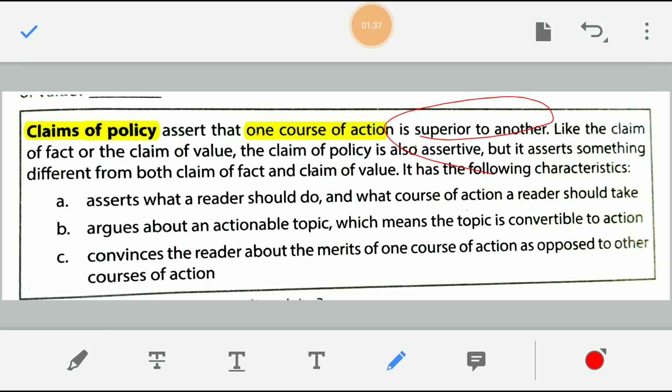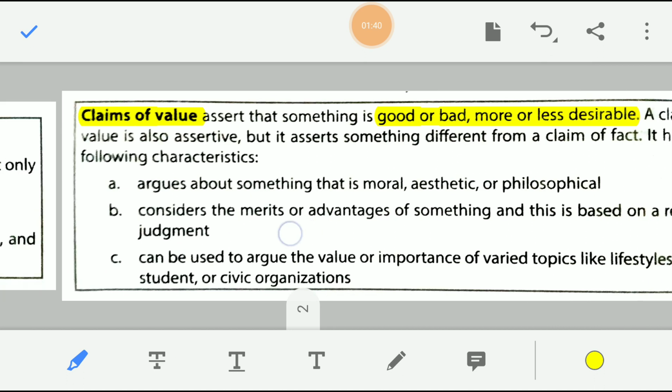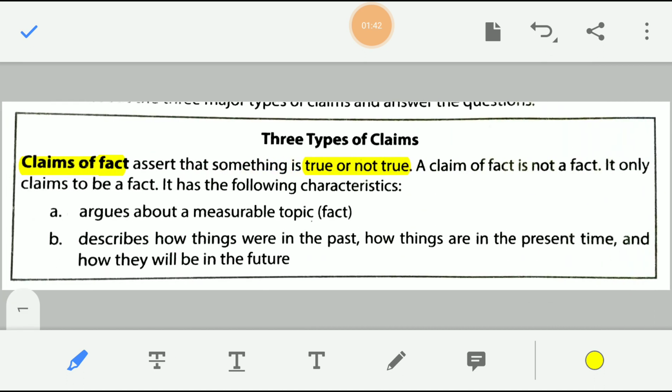Let us move on and go back to our first claim. What are the characteristics of a claim of fact? When we say that a claim of fact can be true or not true, then it has to be something that is measurable. What are the things that you can measure?